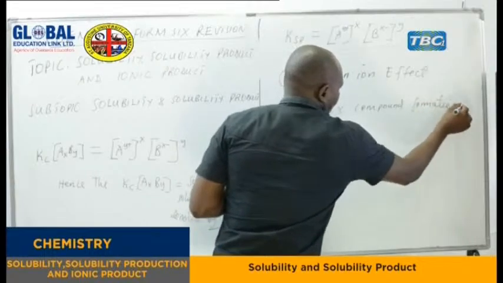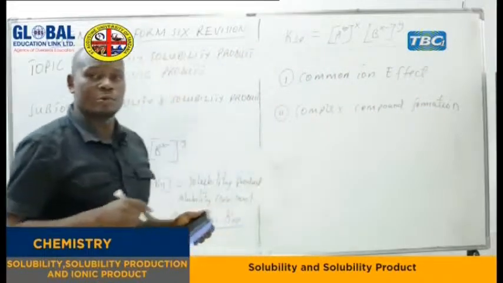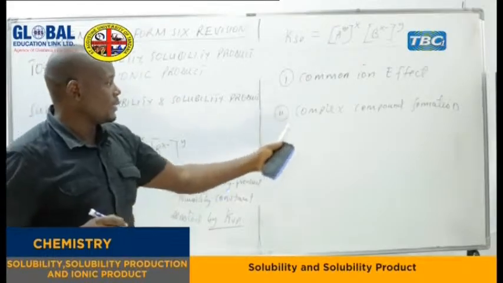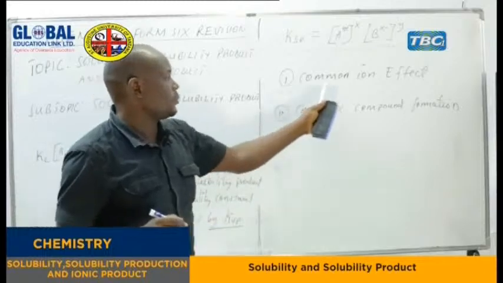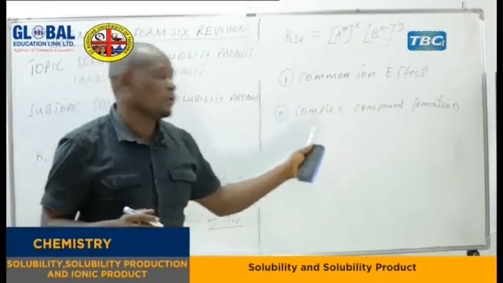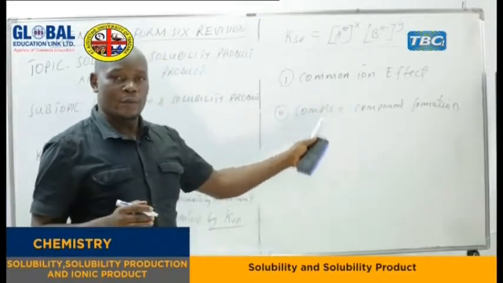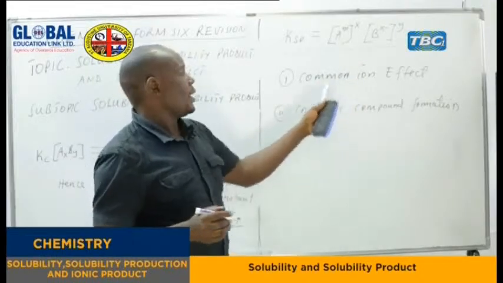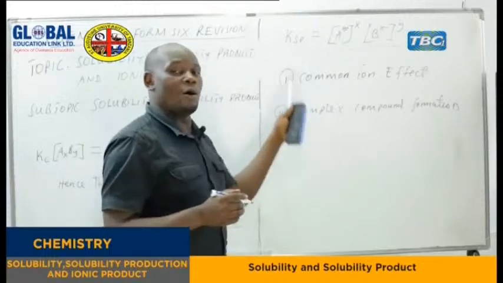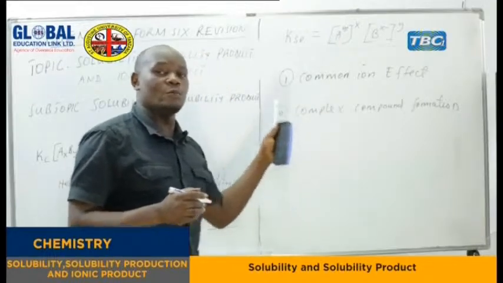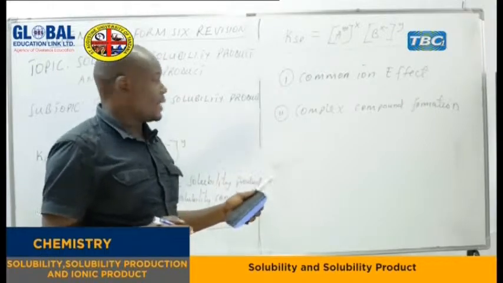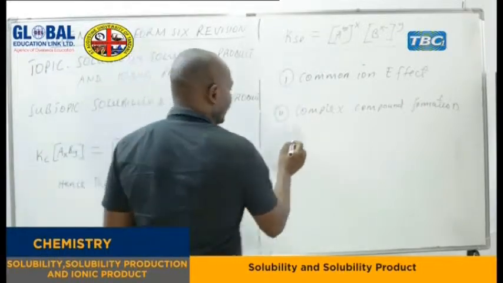So this is our main part to consider in this discussion. We'll consider only two factors, which are the common ion effect and the complex compound formation. How do they affect the solubility of a substance, or how do they affect the solubility constant of a given reaction?